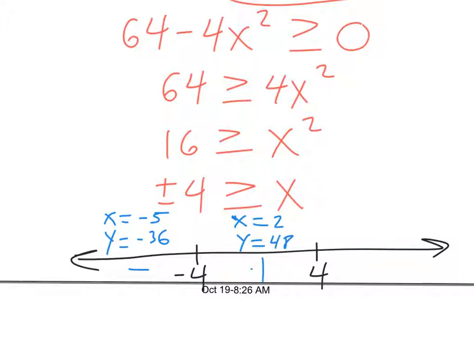All right, so I know now, because if you look up here, this sign was a greater than. That's what I'm looking for. What intervals of x values give me positive answers? Between -4 and 4.